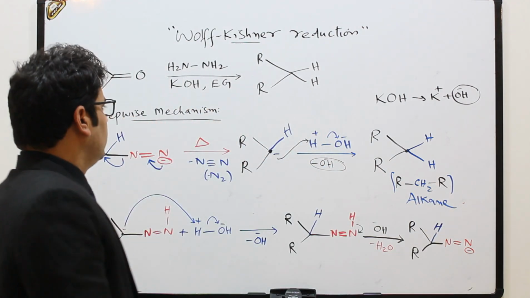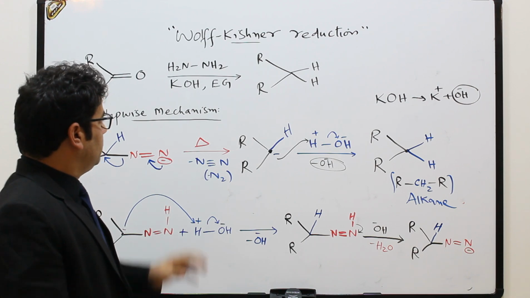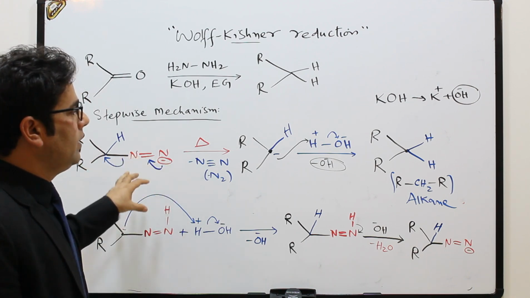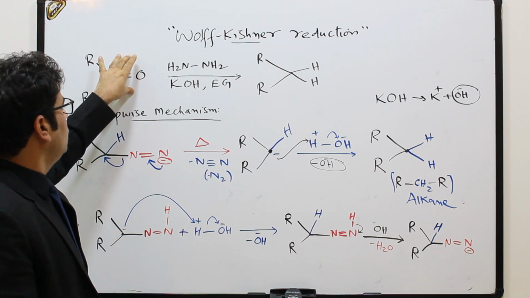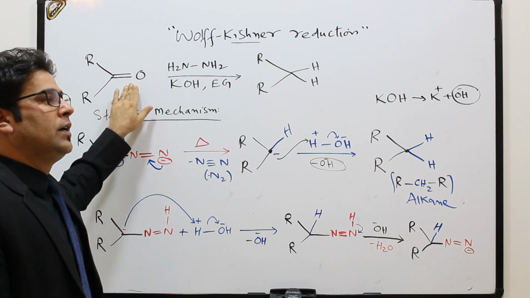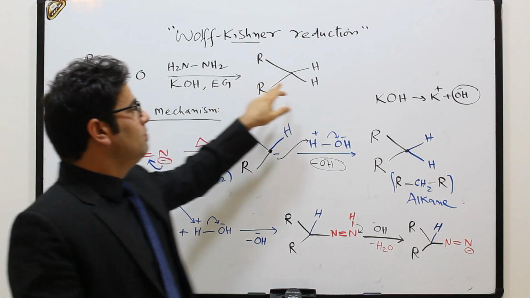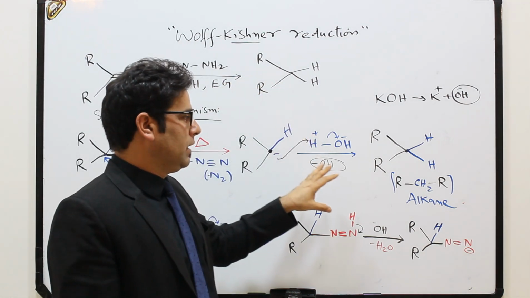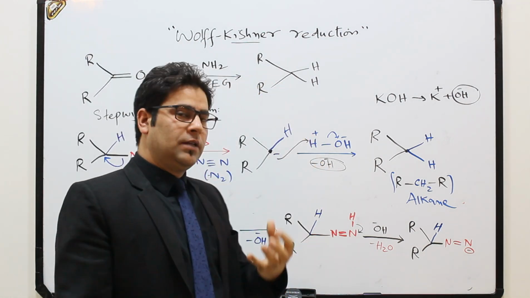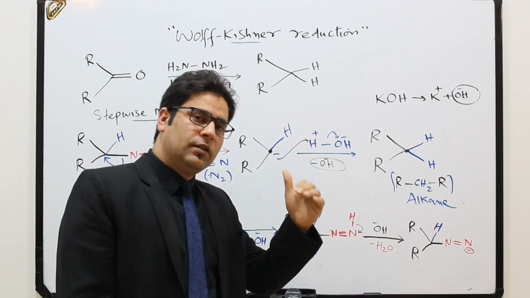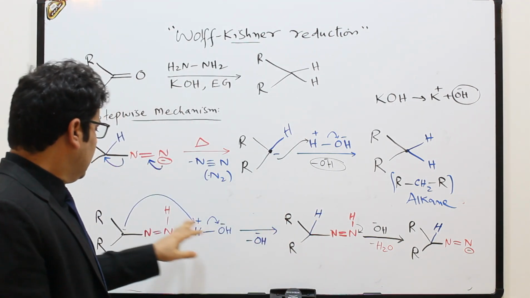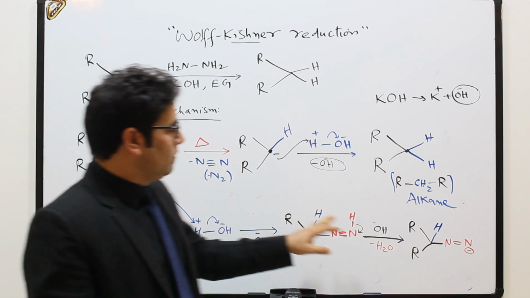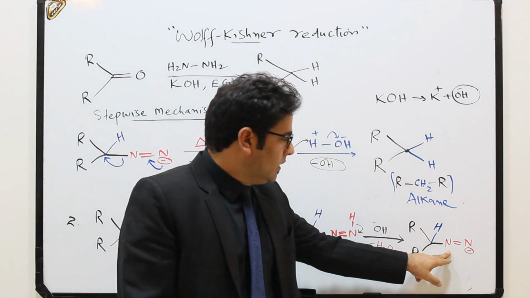So if you see, before showing this mechanism, I focused on how to make sure that we can convert this carbonyl group into a methylene group. This is the stepwise mechanism. First, there is formation of hydrazone, and the second step will show some resonance. In the second step, water will come and attack this molecule, and it will result in the formation of this molecule.